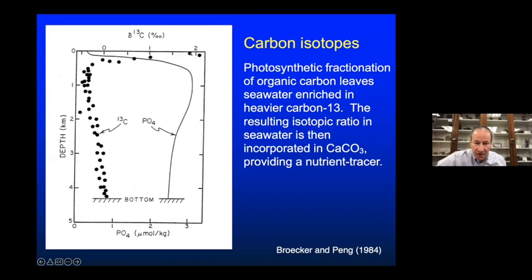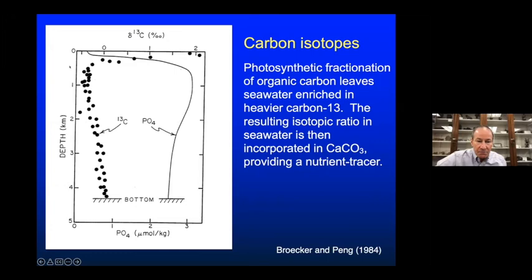And you can see that near the surface ocean, the ocean becomes quite positive in delta C13 because much of the carbon-12 is being used by organisms. So carbon-12 is low here.